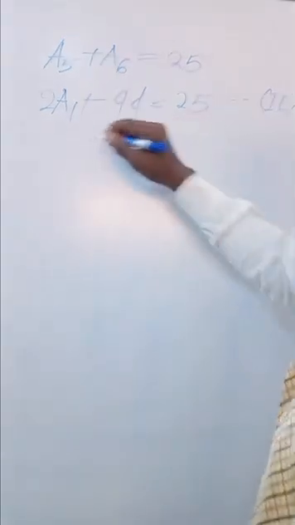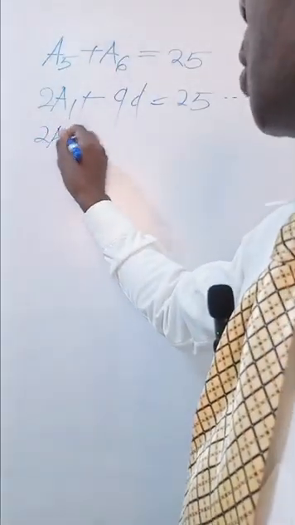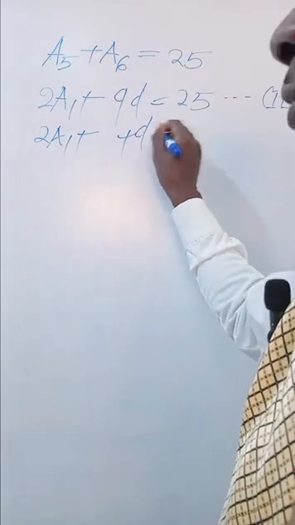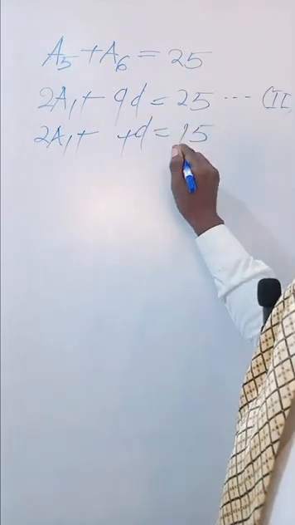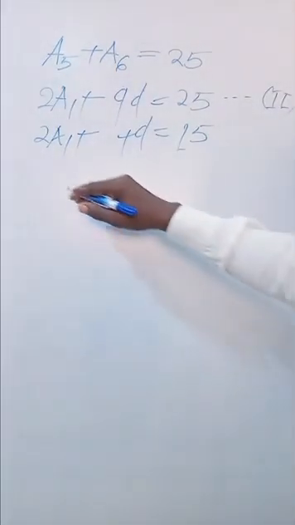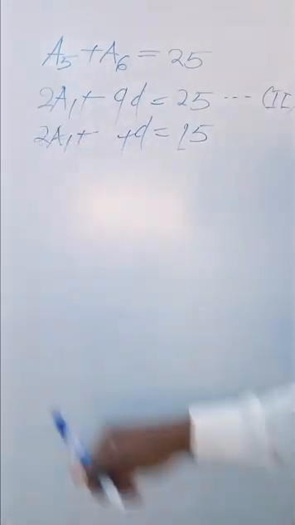This is the second equation. Let me bring up our first equation. Our first equation was 2A1 plus 4D equals 15. Here, I think it's easy to eliminate the two A1s because they are similar in terms of signs and even their respective coefficients.